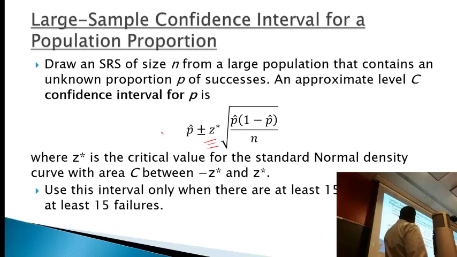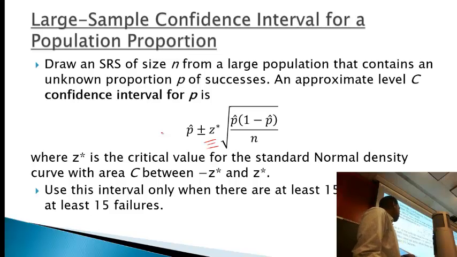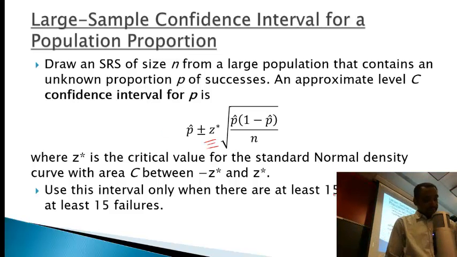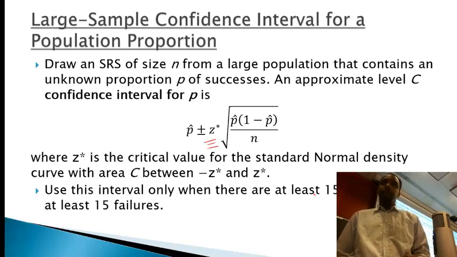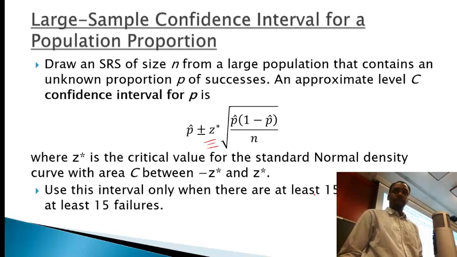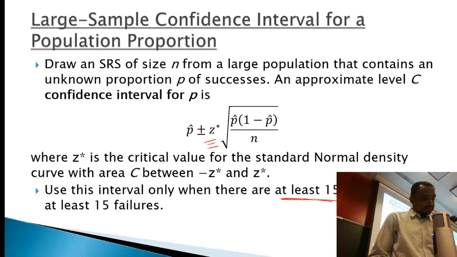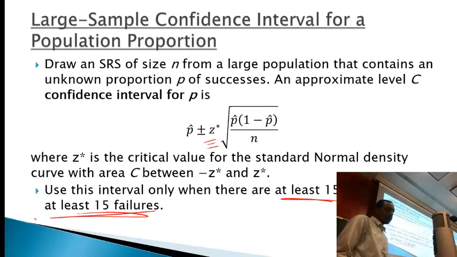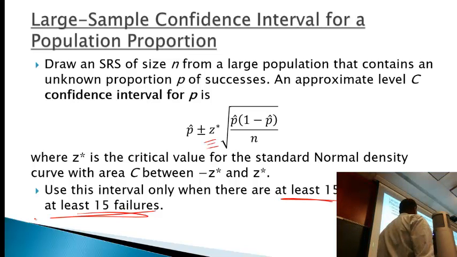So then there's the Z score, and then of course here's a condition. You want to assume that you have at least 15 successes and 15 failures. So it can't be too small. That's the whole point. So you figure your sample size has to be at least 30. That makes total sense.